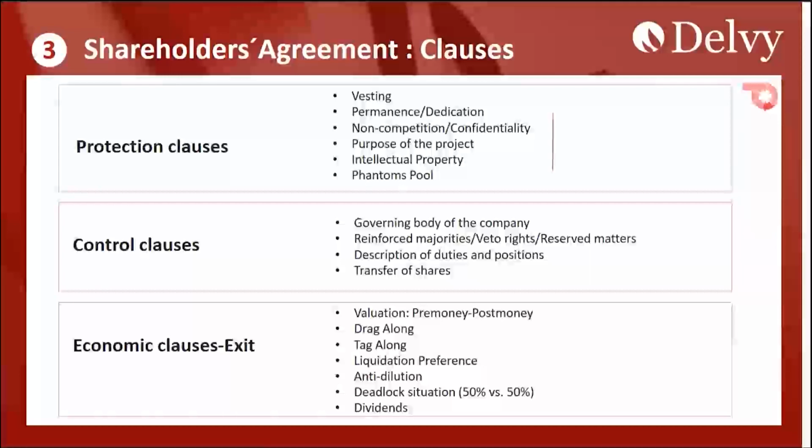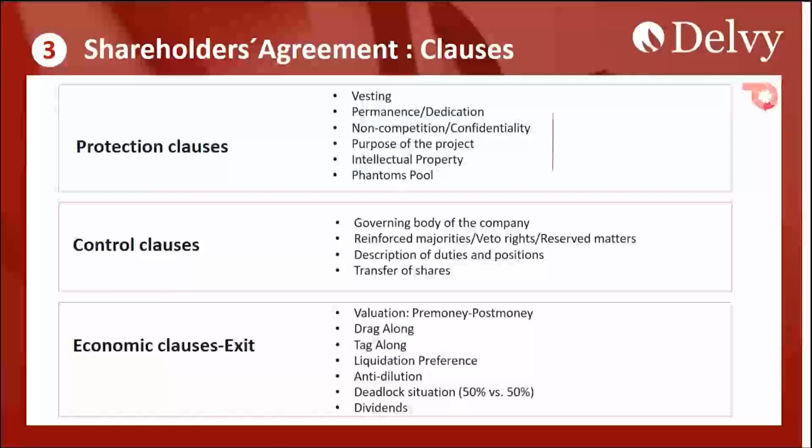Following with an economic clause, also not recommended for initial stages, for early stage with angel investors and family, friends and fools and so on, is the liquidation preference clause. So this also is a common negotiation in the funding round with VCs for Series A and on.